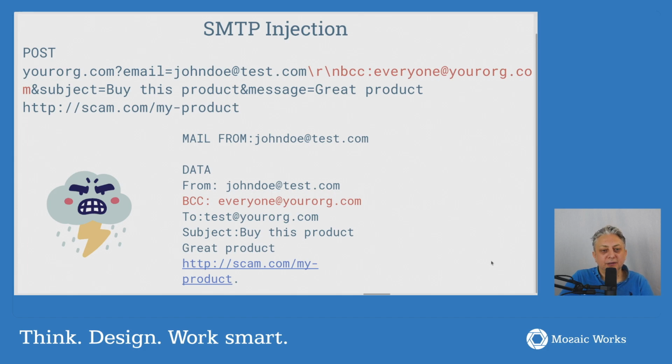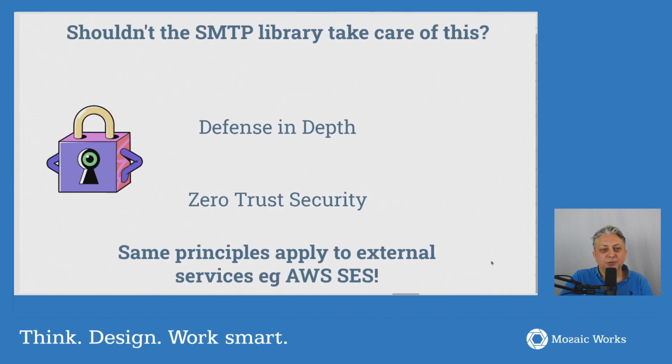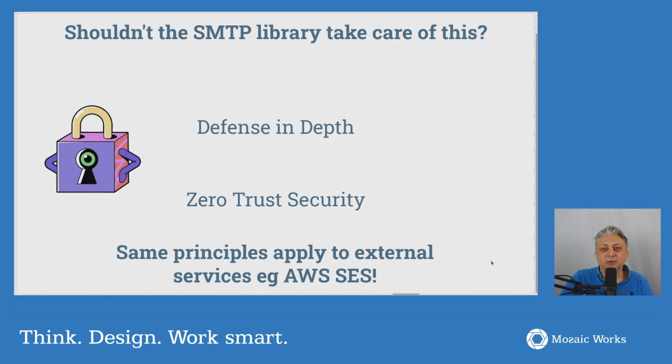Now, shouldn't the SMTP library that you are using, or server, or whatever it is, take care of this? Of course, it should. But this doesn't absolve you from actually validating, or at least sanitizing the email address, because you need to follow one principle, and nowadays there is an extension of this principle in security.